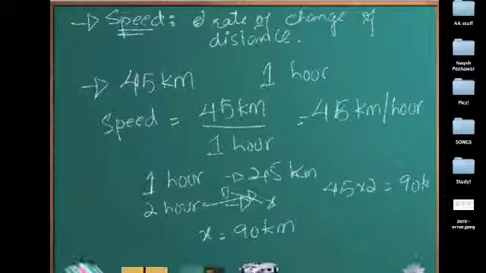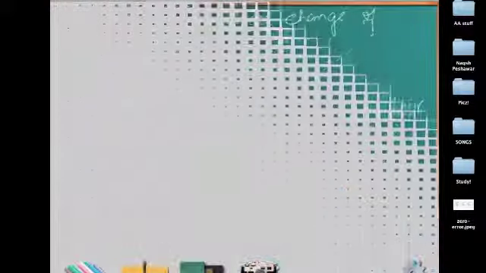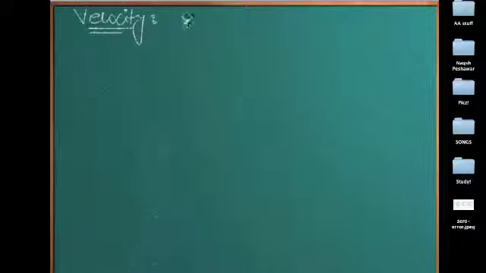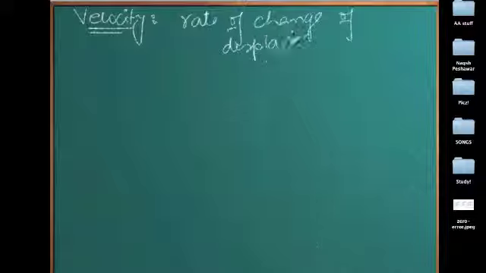And what do we mean by velocity now? Velocity is rate of change of displacement. So again, because of displacement, the direction becomes of importance. The rate of change of displacement.